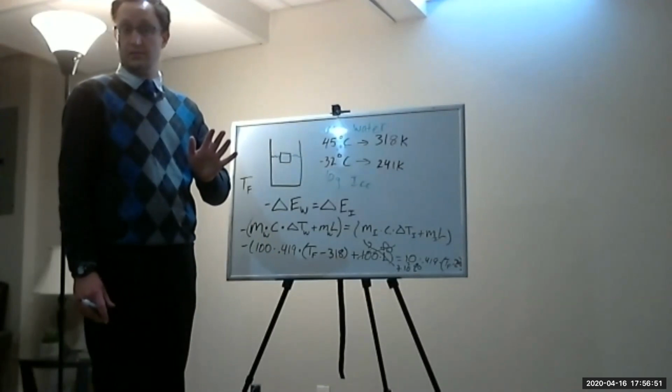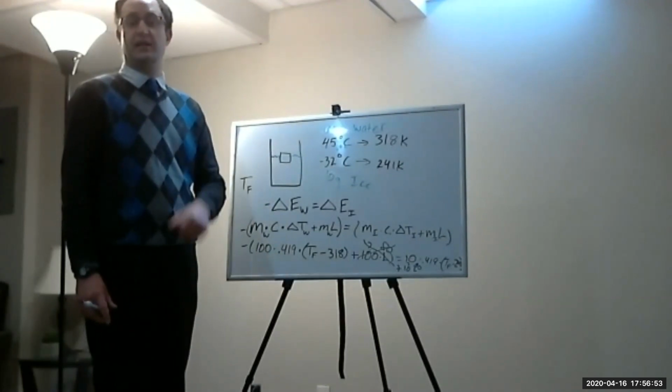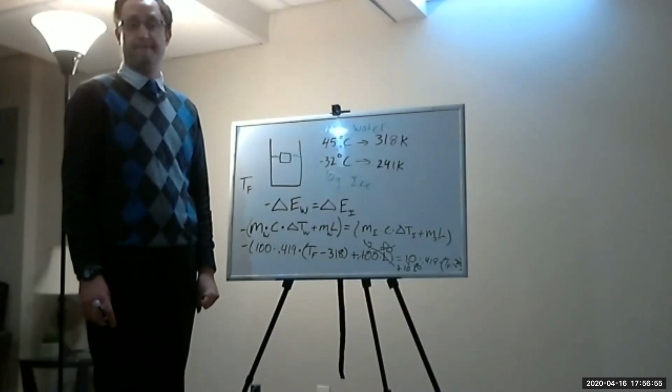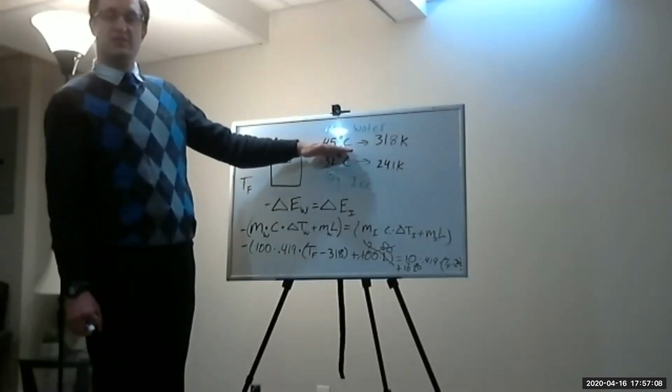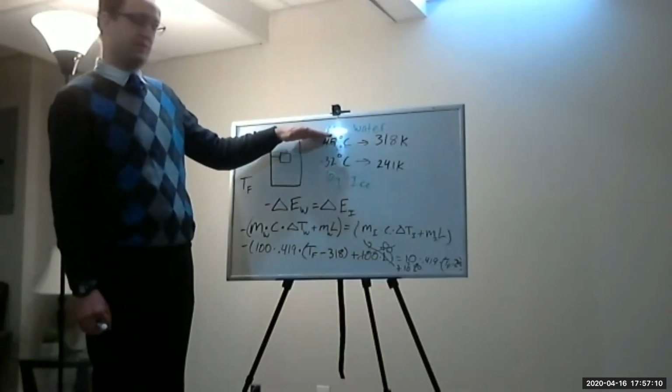Okay. Any questions about that? So because we had the ice cube so cold, technically per the equation, it would have frozen the water. No. So look, we are at 45 degrees above freezing here with 100 grams of water.